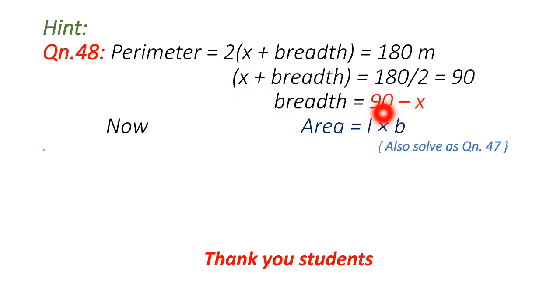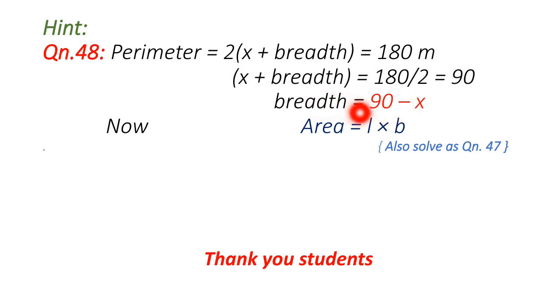So this is the breadth in terms of x, and then we know that area is equal to length into breadth, and we have the length as x and breadth is 90 minus x. Then we will get an equation, and then we can solve for this x, and then we will put the value for the breadth also.